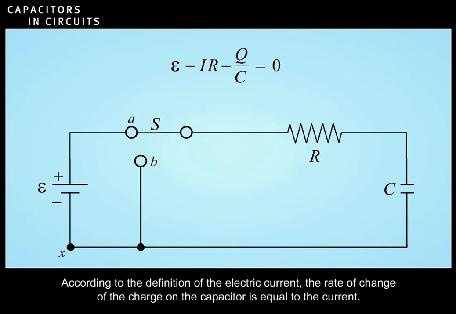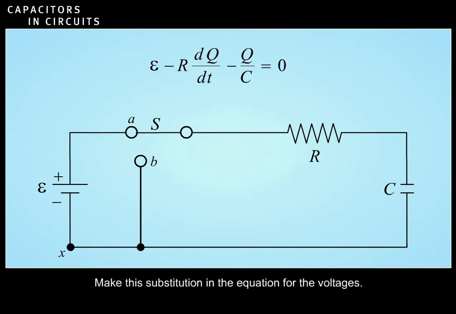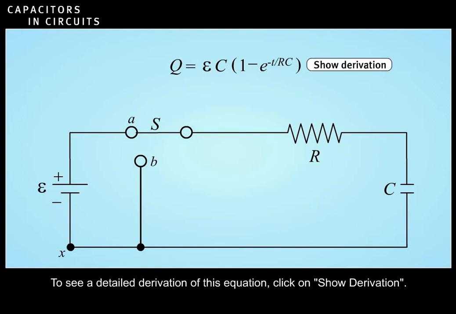According to the definition of the electric current, the rate of change of the charge on the capacitor is equal to the current. Make this substitution in the equation for the voltages. This can be solved for the charge on the capacitor as a function of time. To see a detailed derivation of this equation, click on Show Derivation.